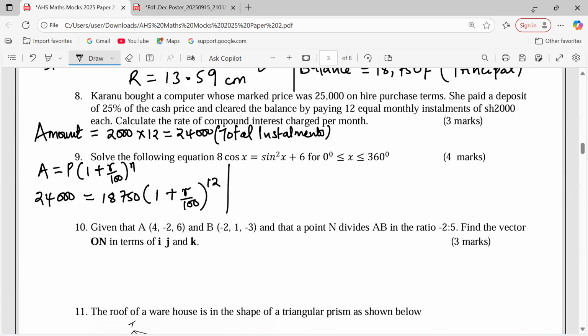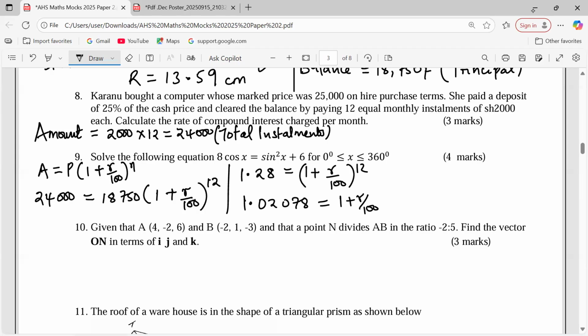So 1.28 equals 1 plus r over 100 raised to power 12. Now we can take the 12 through to both sides. The 12th root of 1.28 gives us 1.02078, equals 1 plus r over 100. I've taken the 12th root on both sides.